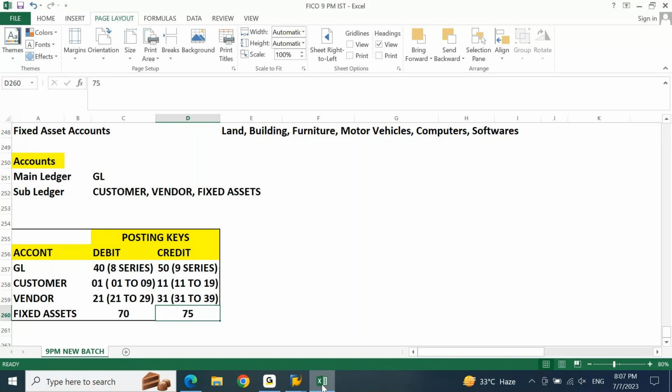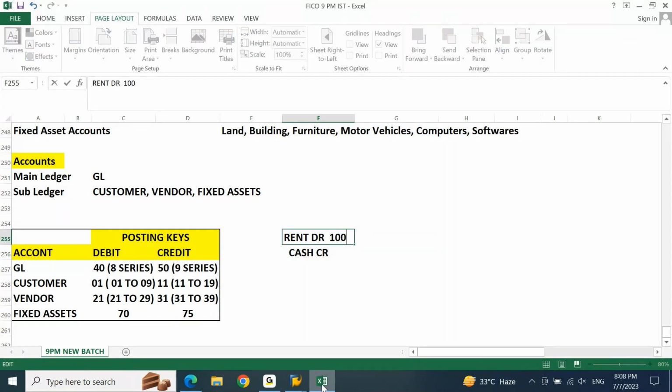Now, if I have to write an accounting document, or a simple accounting entry, let's say I will write rent debit 100 and cash credit 100.